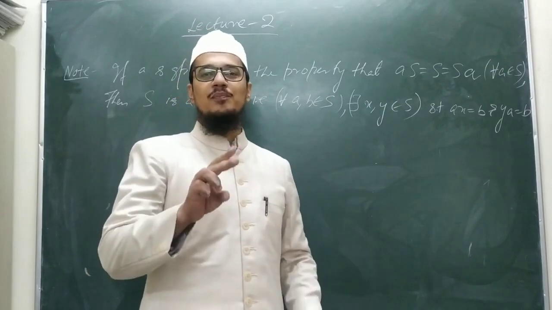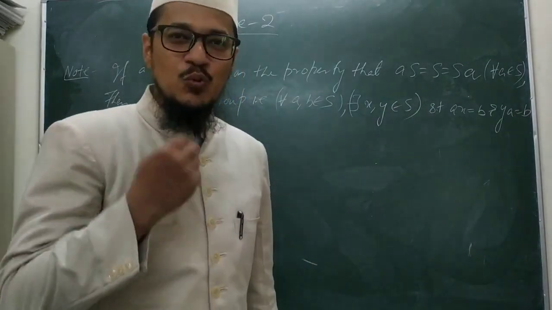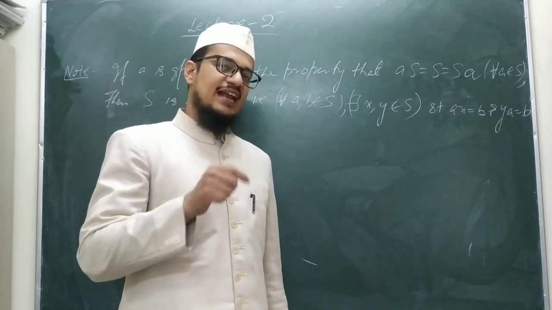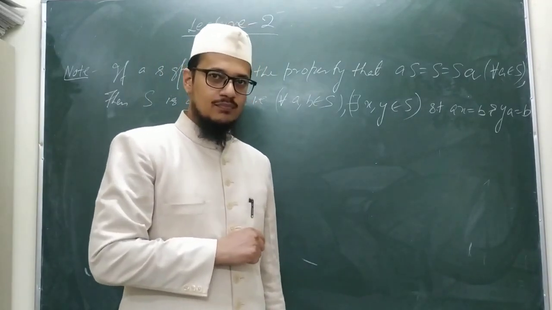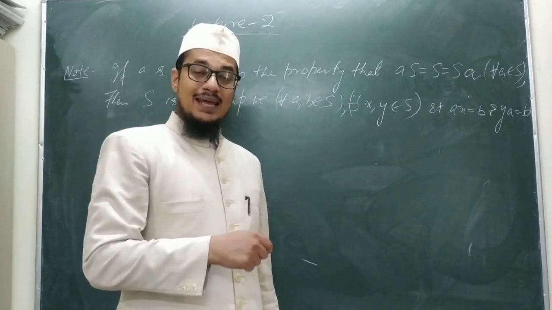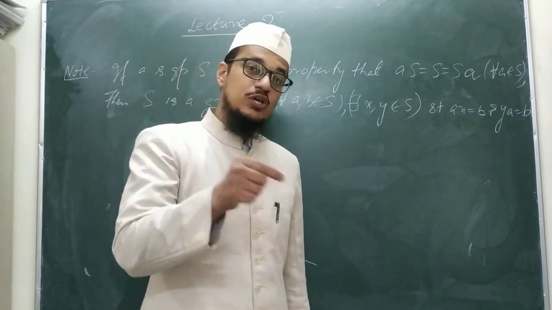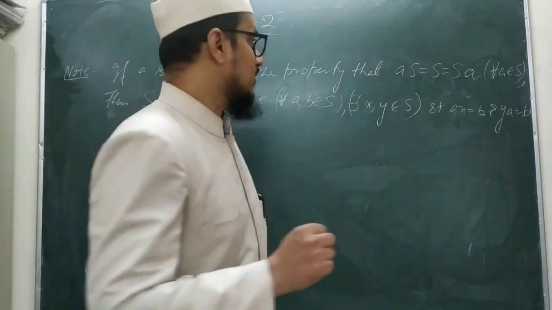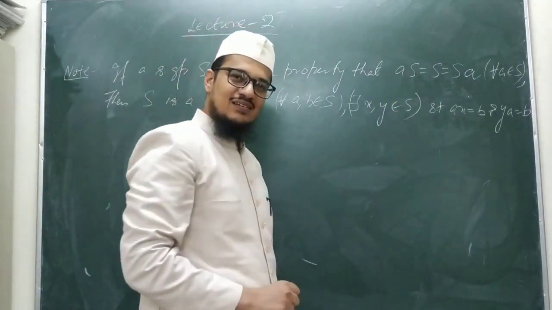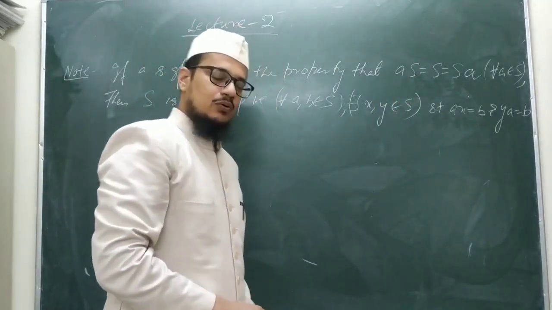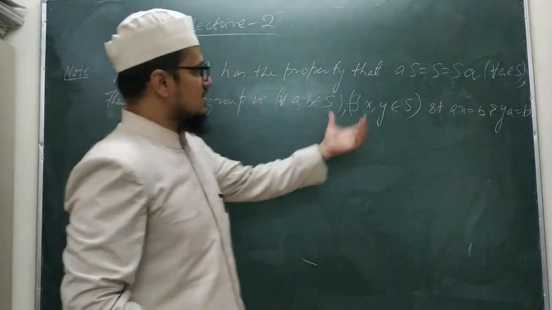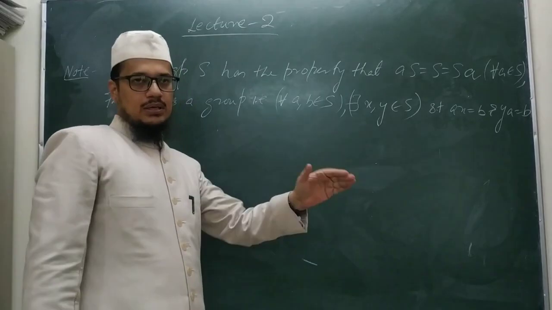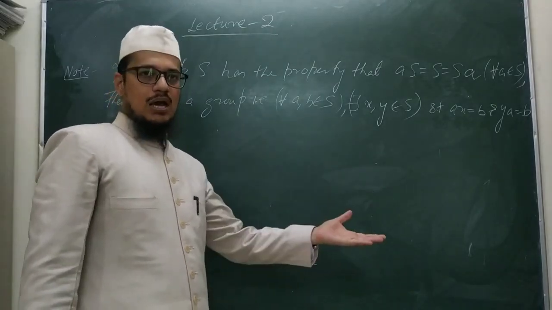Because to form a group, this semigroup needs two more properties: the existence of an identity element, and every element must possess a unique inverse. So these two properties you have to prove using this. We will use this result in our upcoming result.